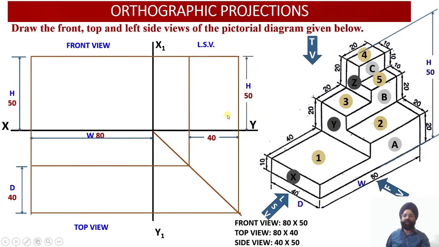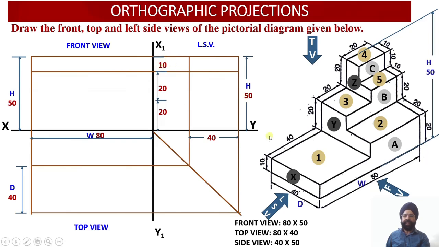Even though we have shown the repetition of these two dimensions in the side view, later on we are going to take these dimensions out, because in engineering drawing, no redundancy or repetition in the dimension should be there. It is only for the purpose of understanding that we have added the dimensions of the left side view over here. Now let us start with the front view now.